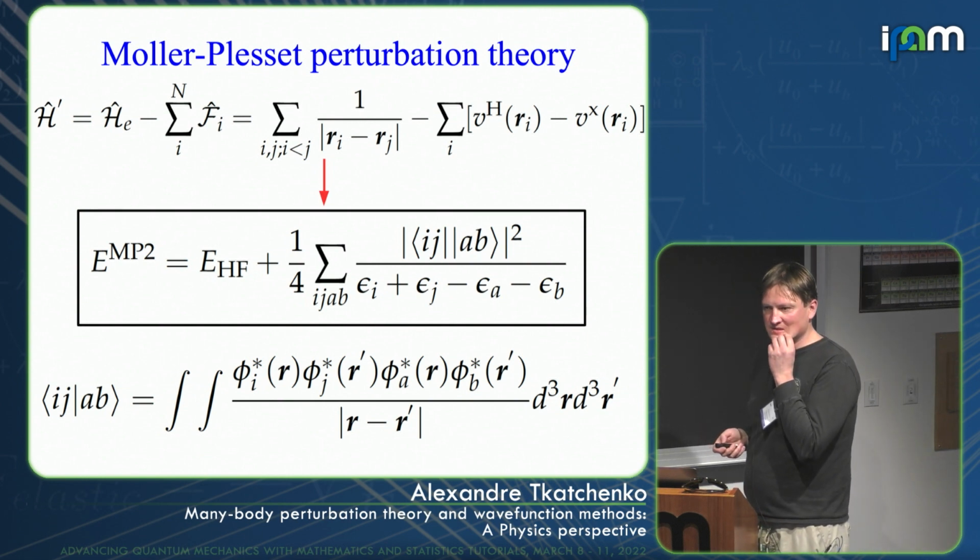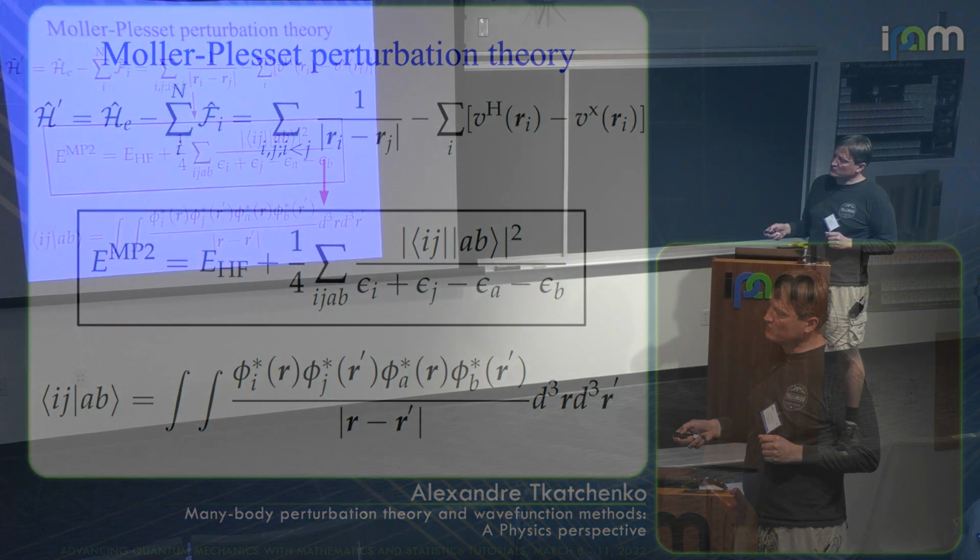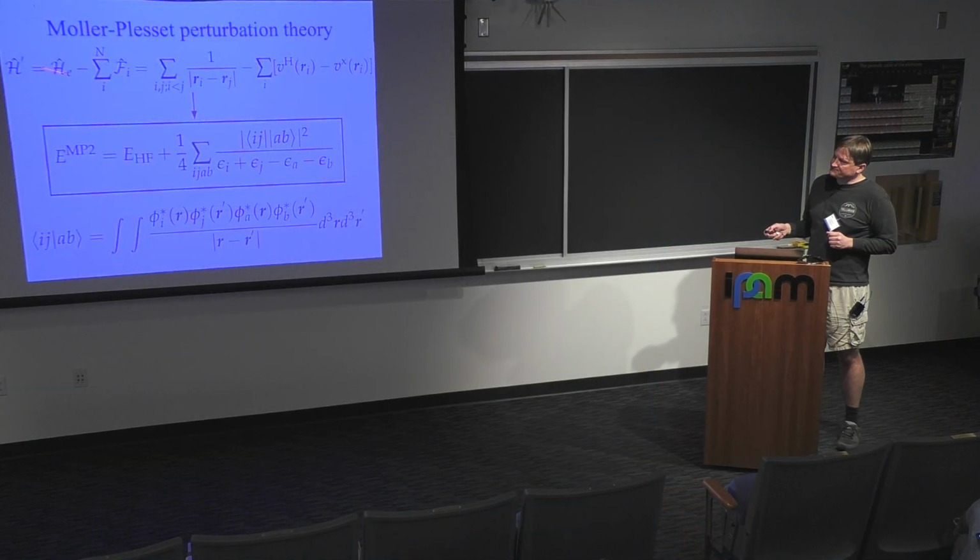Lin actually spent quite some time talking about this yesterday. So you define a Hamiltonian in two parts. You define a perturbation Hamiltonian, which is the electronic Hamiltonian minus what you already have at the Hartree-Fock level.